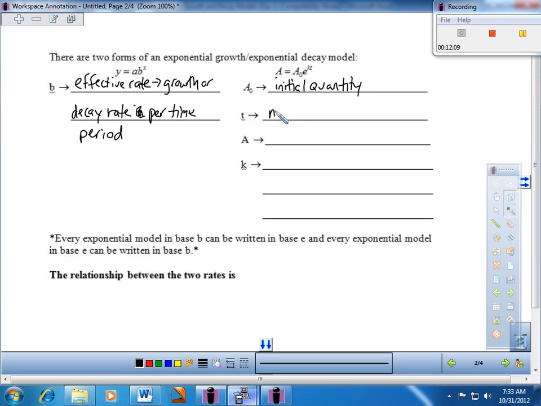T represents the number of time periods, of course. A would be the amount after T time periods, so the dependent variable basically. T and A represent the two variable quantities.